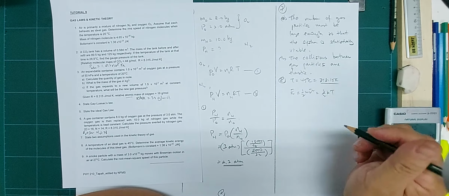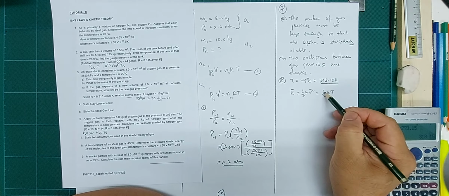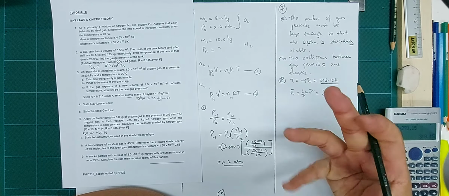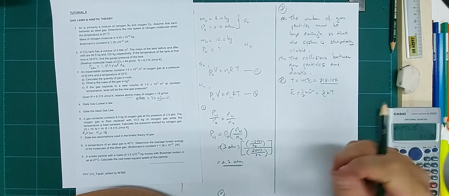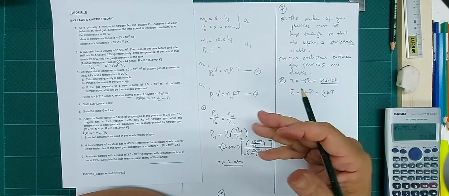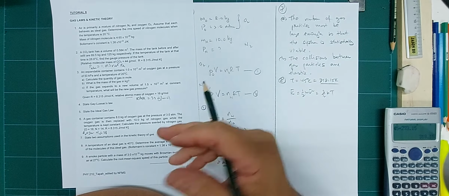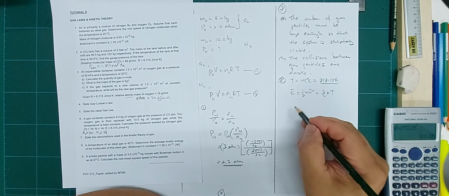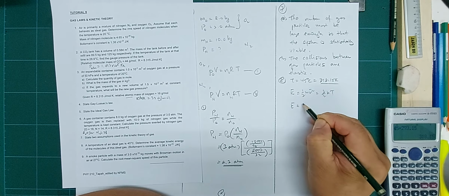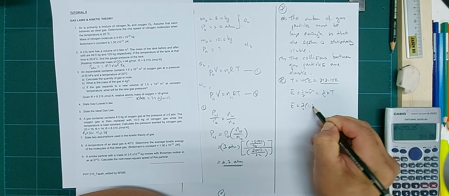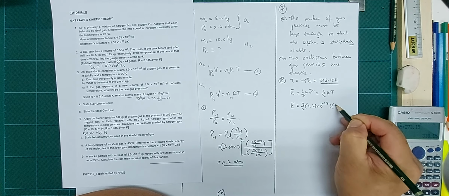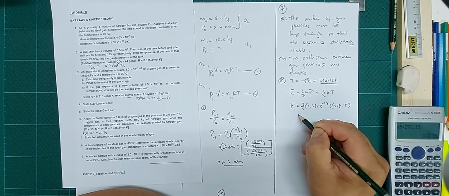At the moment you don't worry much about the 3 here, because we assume that you are studying gas particles that are like monoatomic. Even though in the previous one we assumed the molecule, we just use the same formula. So our average kinetic energy is 3/2 times Boltzmann constant 1.38 times 10 to the power negative 23, times temperature 318.15 Kelvin.